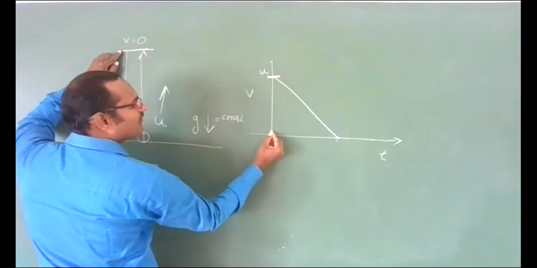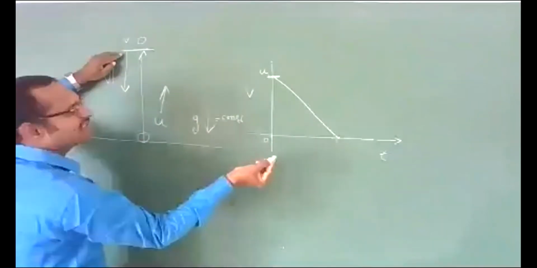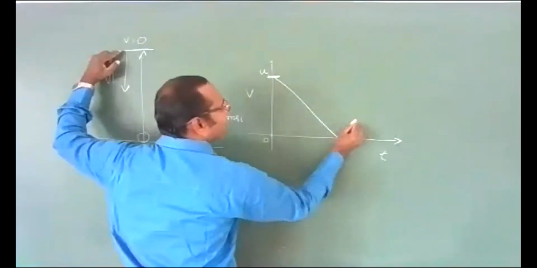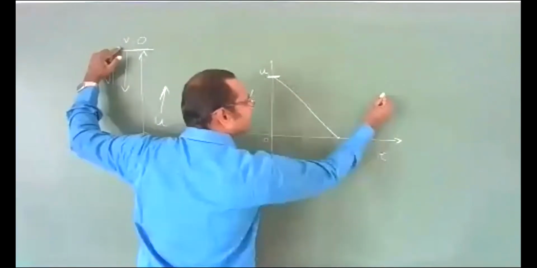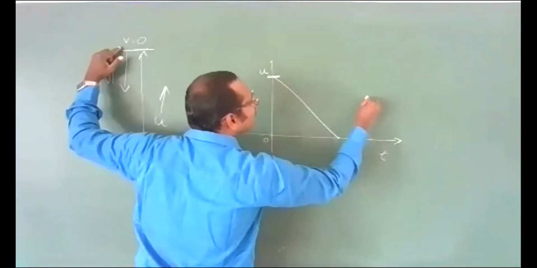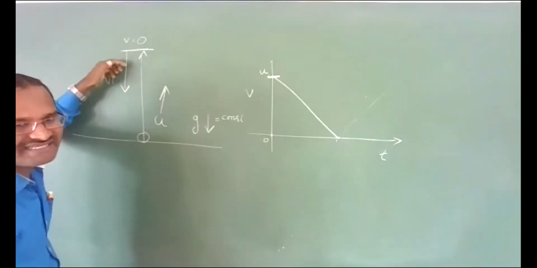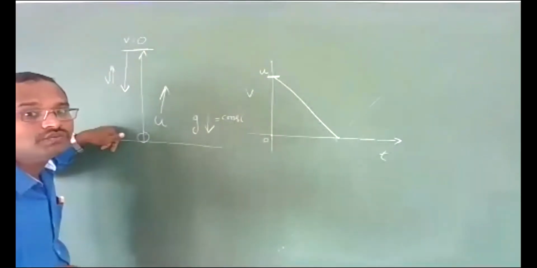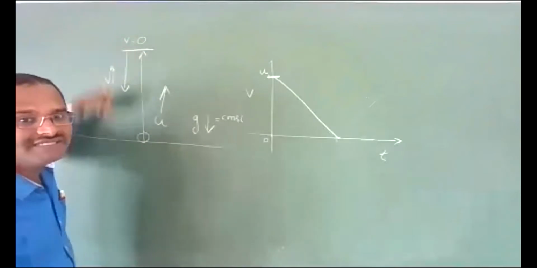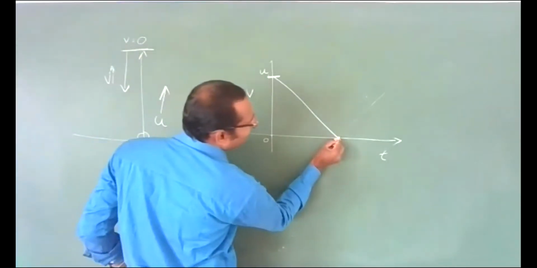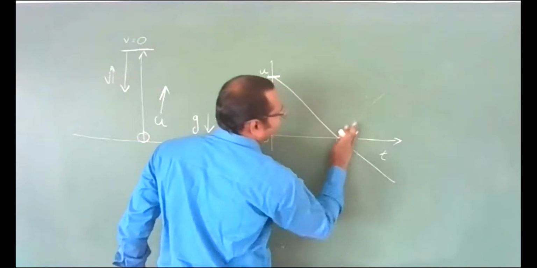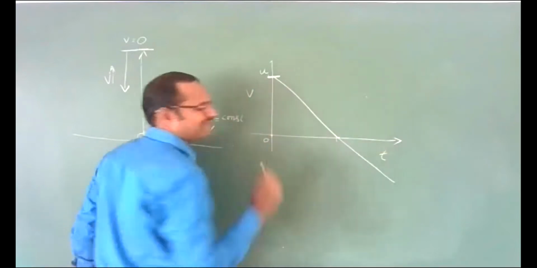Thereafter, velocity increases. Shall I draw it like this? No. If I draw like this, velocity is increasing but positive. Because the particle is coming down, velocity is increasing but it is negative. Upside is positive, downside is negative. So the graph should be like this.